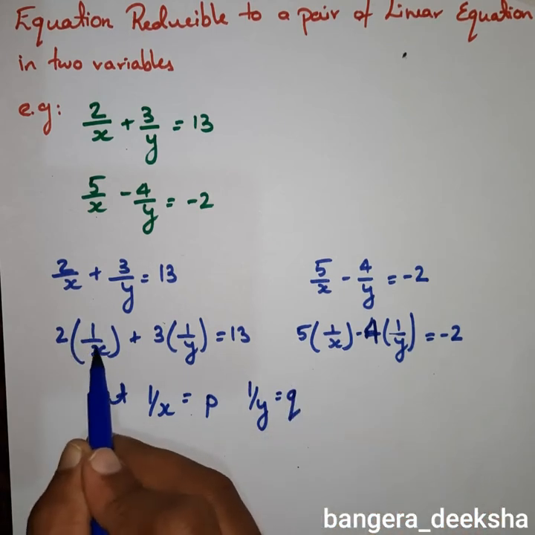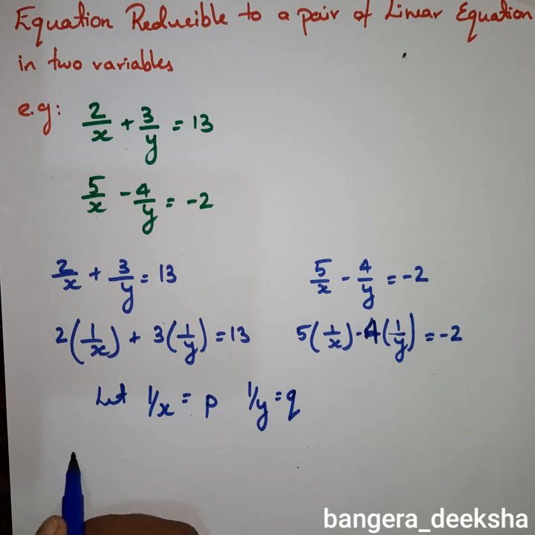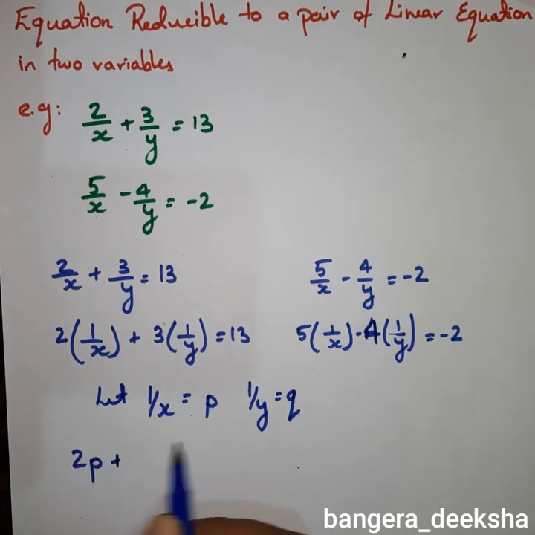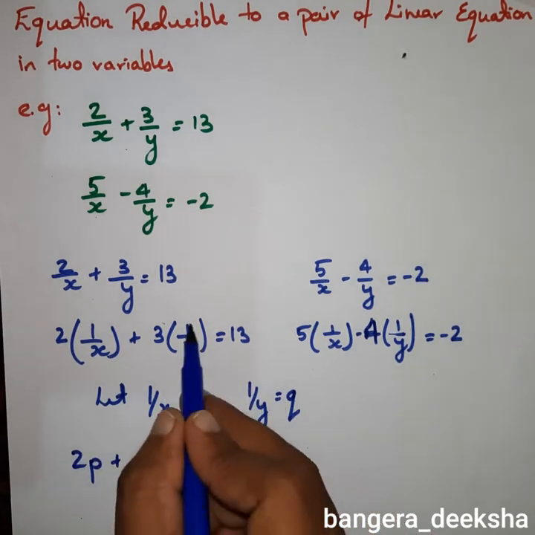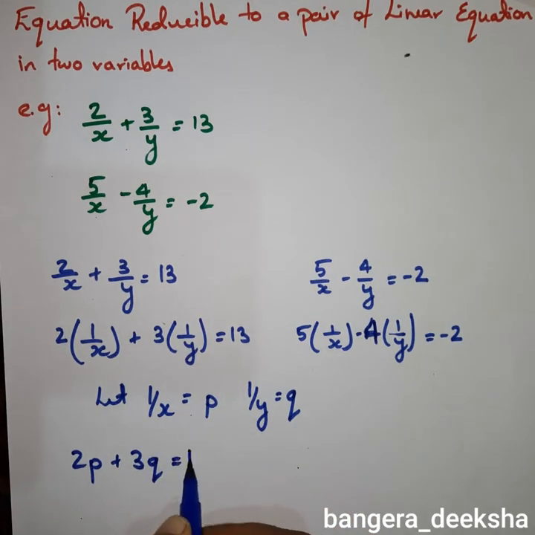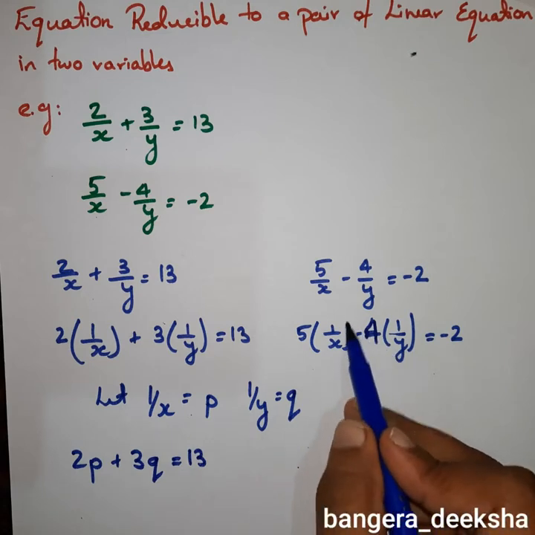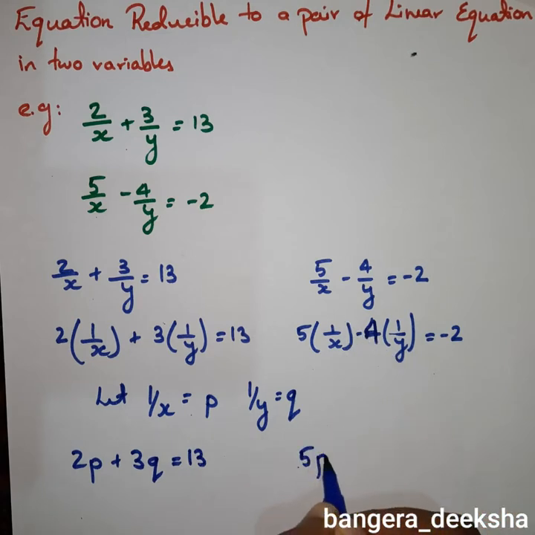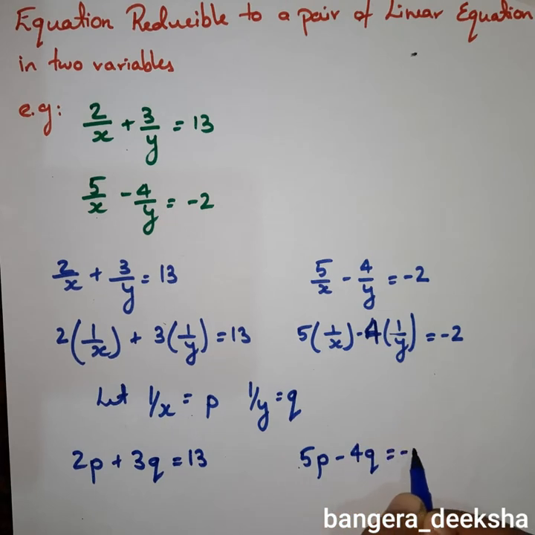In place of 1/x, I'll write P, and in place of 1/y, I'll write Q. So we'll get 2P + 3Q = 13. Similarly here, I'll get 5P - 4Q = -2. So now this is your linear equation. These two are your linear equations in two variables.